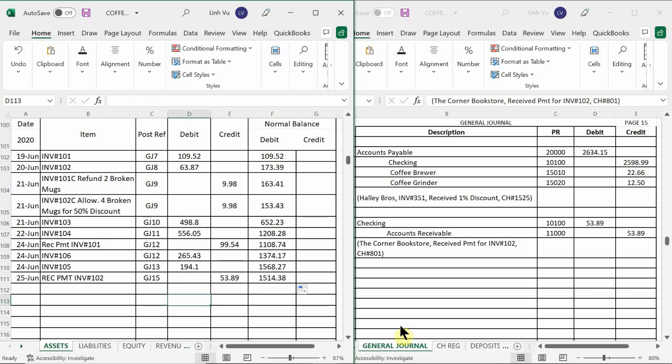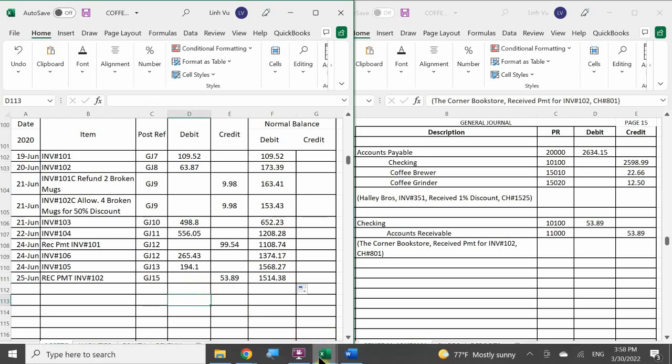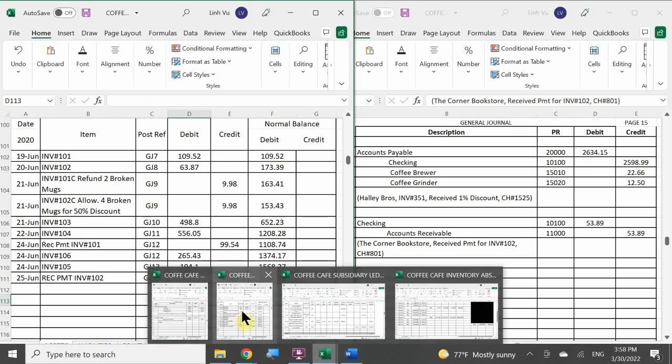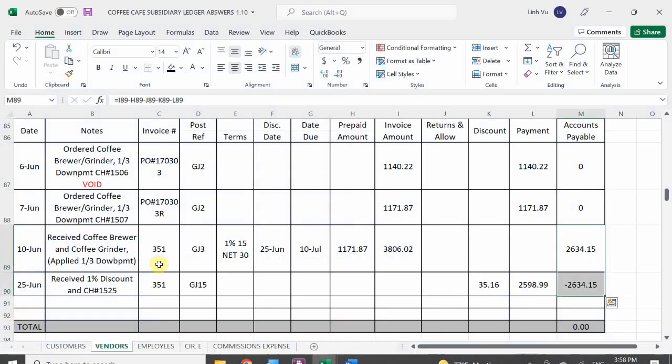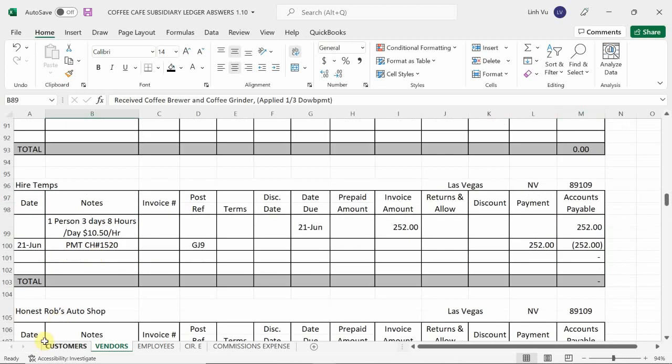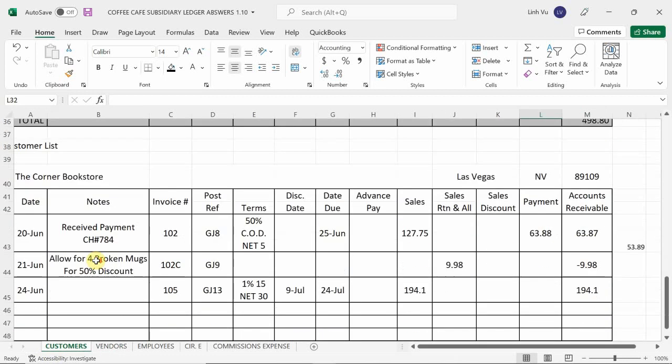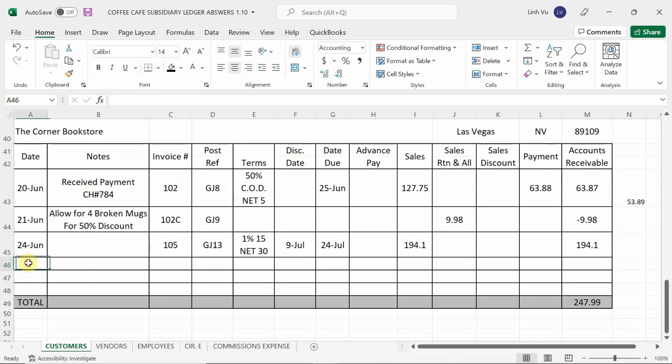Last but not least, we need to recognize that the corner bookstore doesn't owe me anymore for their invoice. So again, we're going to go to customers. Should be the last table in your customers, and today is the 25th.